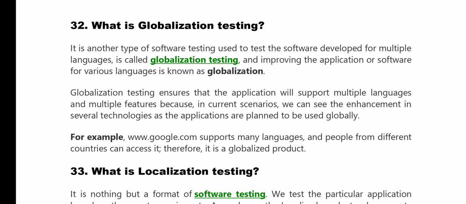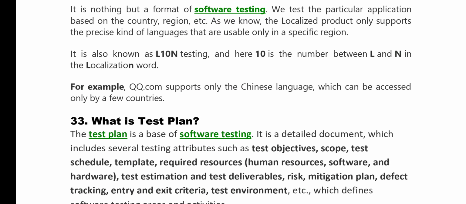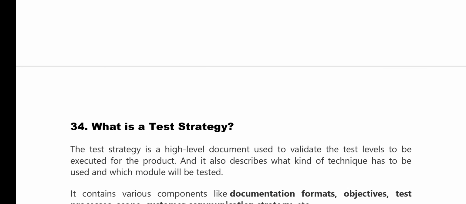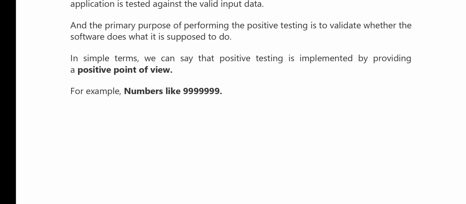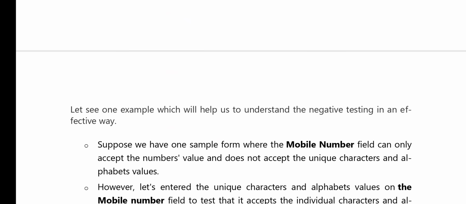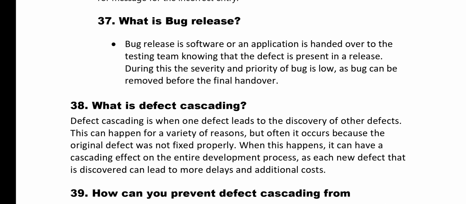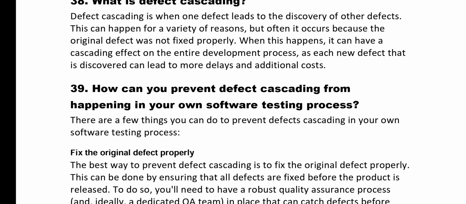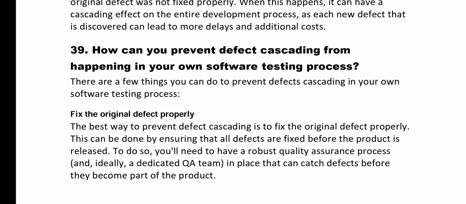And then we talked about globalization testing. And then localization testing. And then test plan, test strategy, and what's positive testing and what's negative testing. Okay, and then we talked about the bug release, and what is defect cascading and how you prevent defect cascading from happening in your own software testing process.